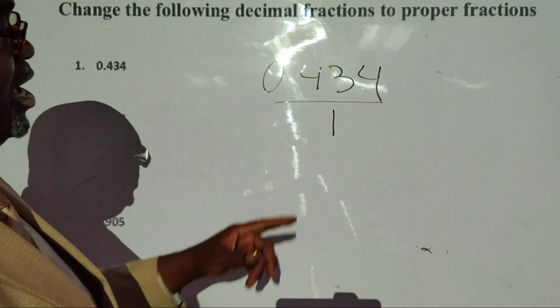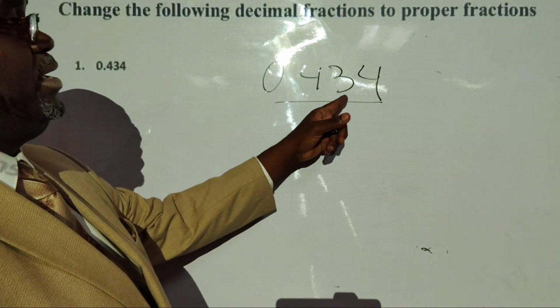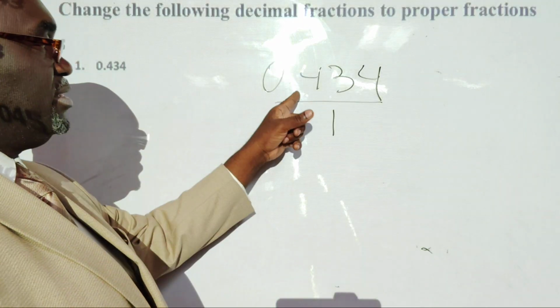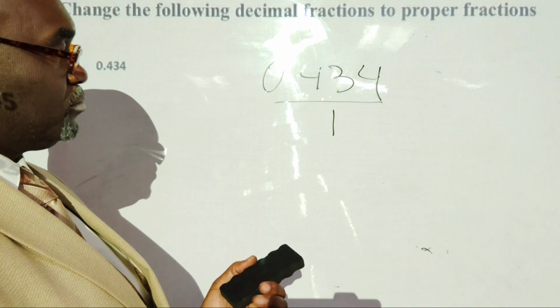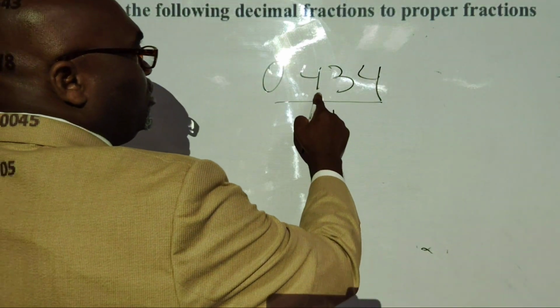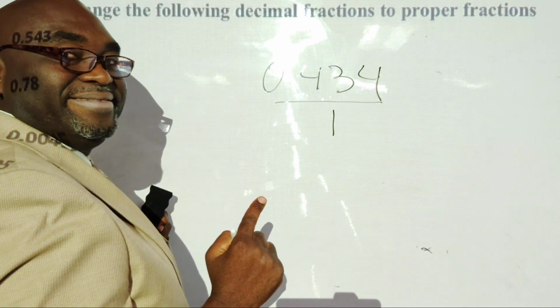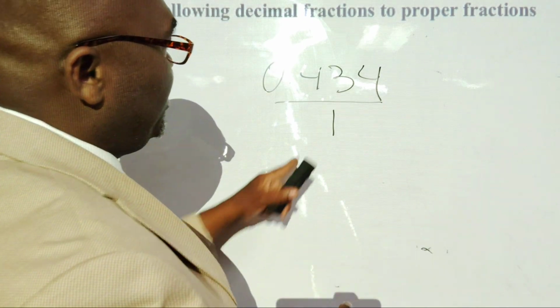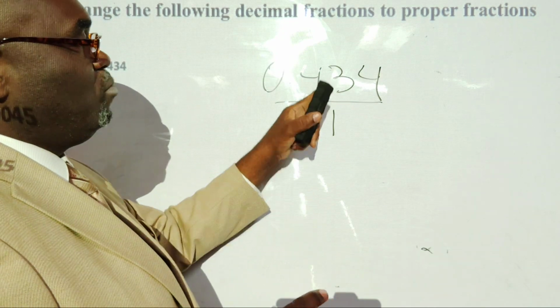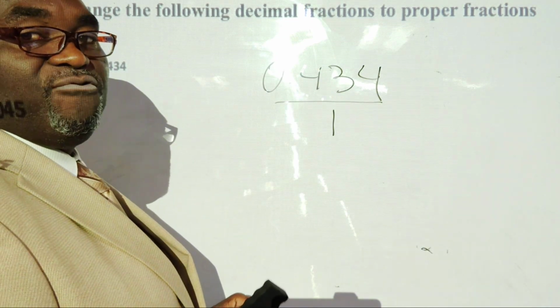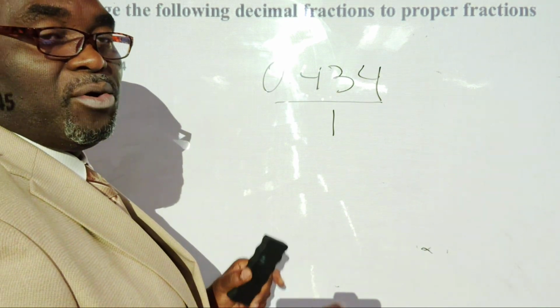Then ask yourself, how many digits do you have after the decimal point? Since I have three digits, I will have to multiply both top and bottom by 1000. The 1000 comes from trying to make this a proper fraction.